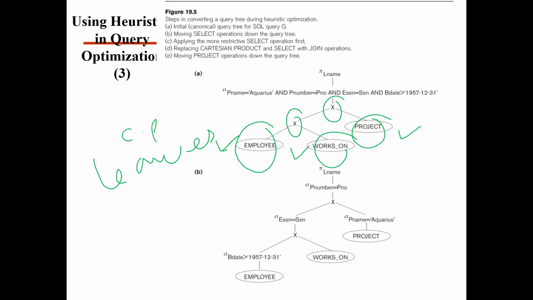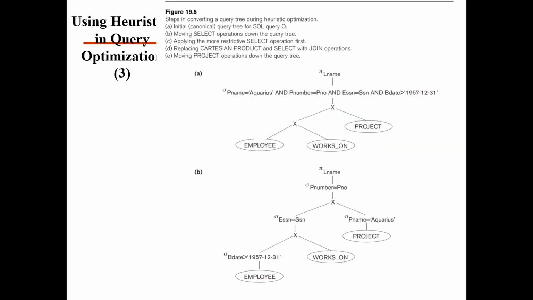Now, the second thing is, this is our predicate. So we wrote the predicate. And this is the final answer we want. What we want is written inside the root. Again, the table names are given in the leaves. And how are we linking the tables? By using the cross product. And what is our predicate?